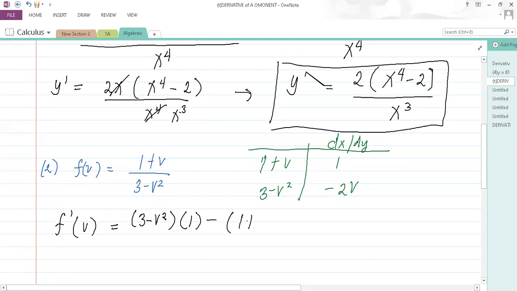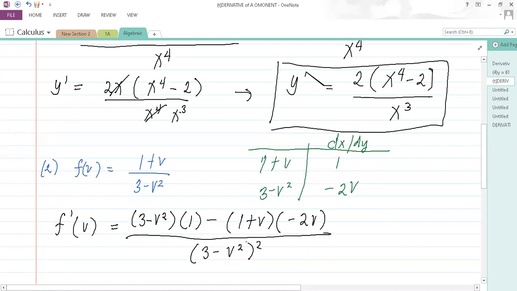So ang numerator natin is 1 plus v. Okay, so we have to multiply this by the derivative of our denominator. So ano yung derivative ng denominator natin? That is negative 2v. This is all over the square of our denominator.